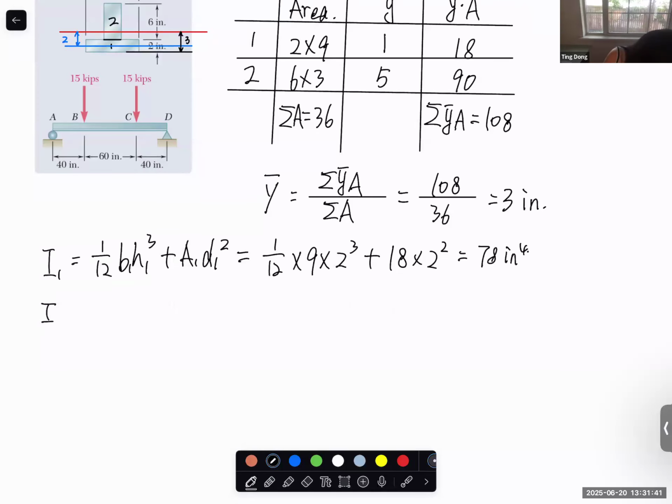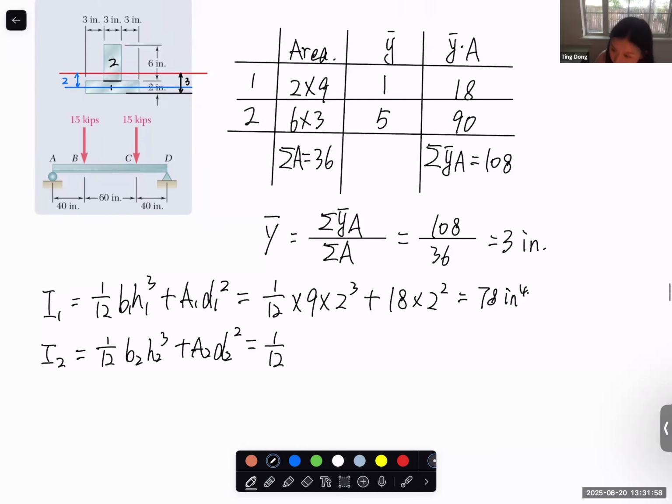And similarly, we can do I2. It should be equal to 1/12 B2 H2 cubed plus A2 D2 squared. What is B2? 3, thank you.